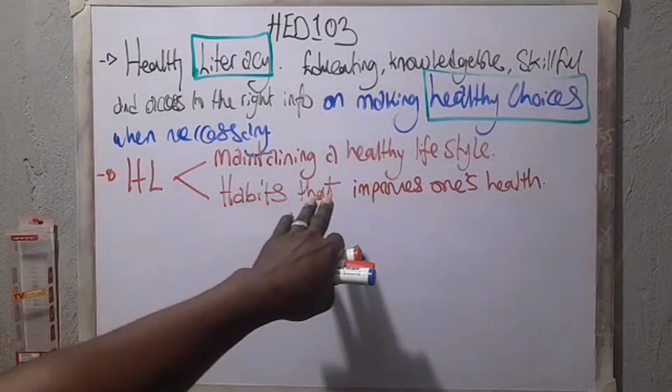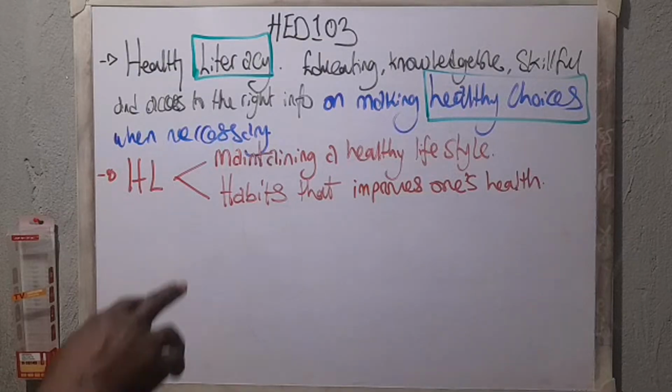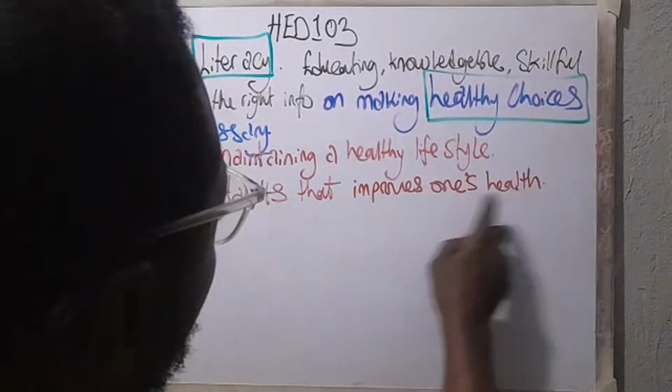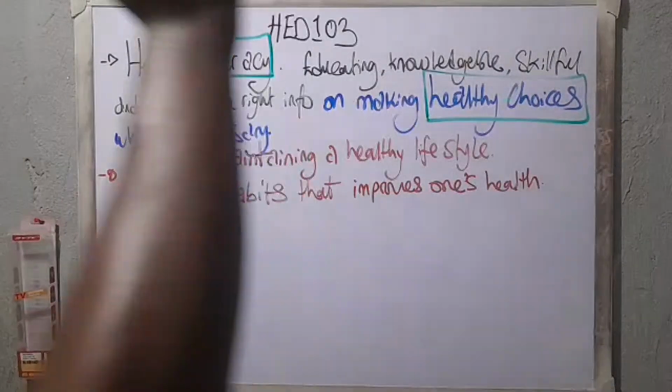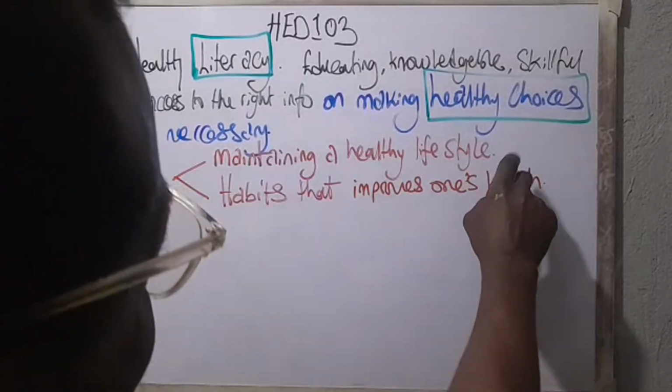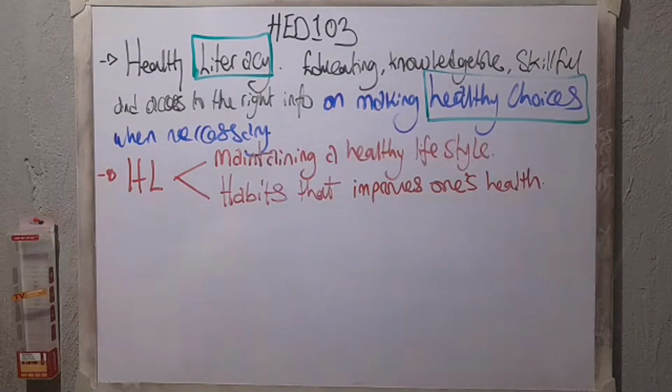These habits: don't eat too much sugar, exercise, avoid certain kinds of food, avoid alcohol, and all these cumulatively become what we refer to as habits that will help improve your health, because you are on this maintenance through your choices. Are we together?